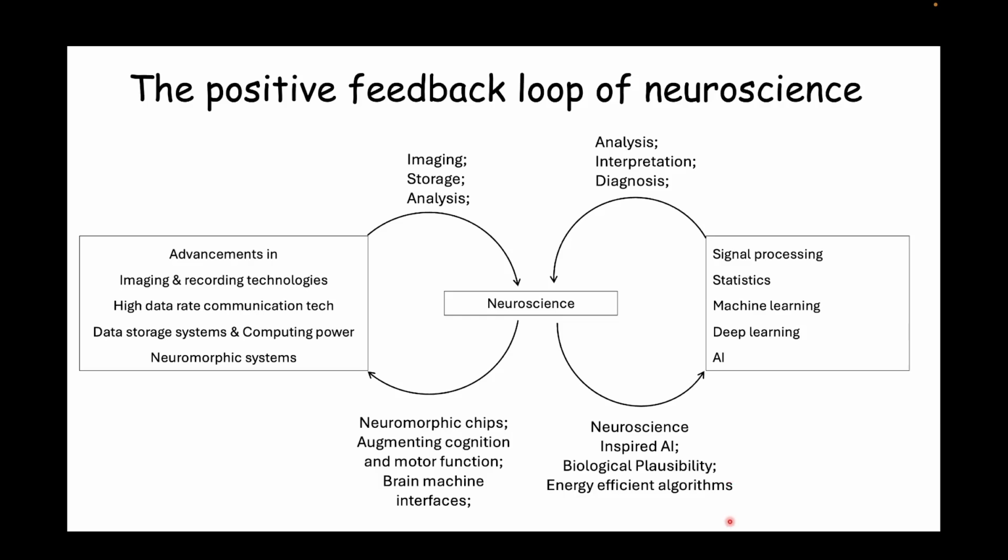It also helps us develop energy efficient algorithms, because as we have discussed, brains are very energy efficient. The same computer vision task, which takes a lot of energy, for us takes very little delay and very little energy, and it's very intuitive. So on this positive feedback loop, we want to end this session.